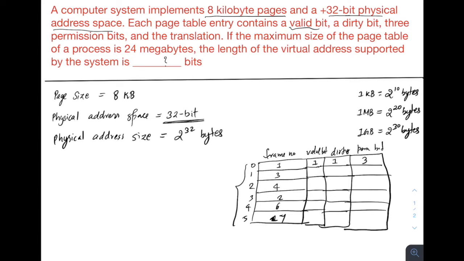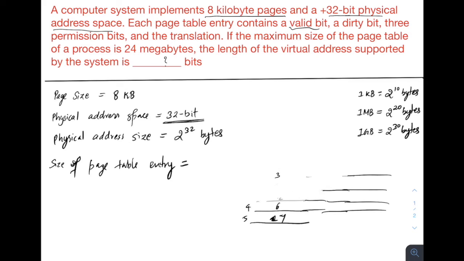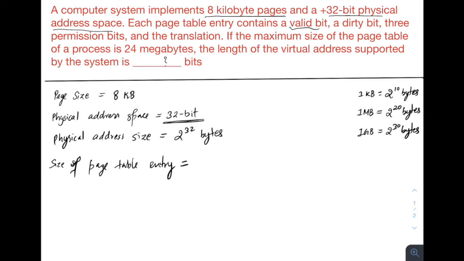So from this information, at least you know what is the size of each entry in this page table. So size of page table entry equal to 1 for the valid bit, 1 for the dirty bit, 3 for the permission bits, plus the translation.